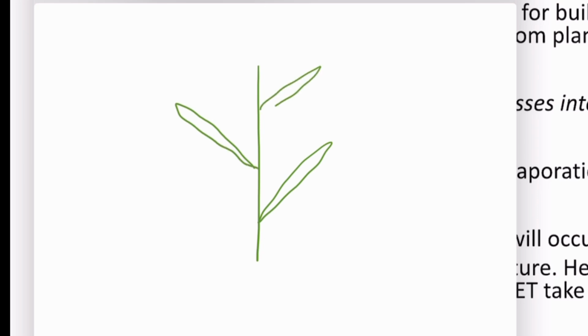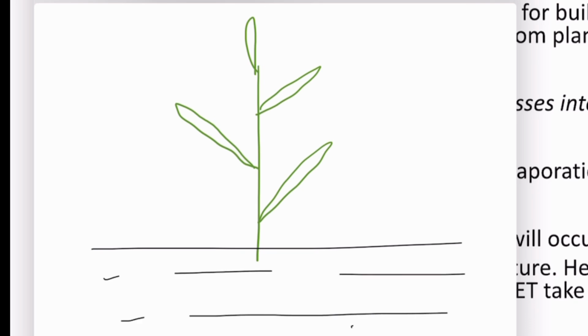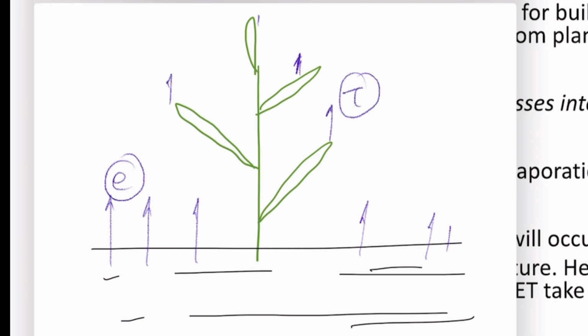All right. So the total quantity of water that has been supplied to the plant during the plant growth, out of this, whatever water is being lost from the neighboring soil as well as from the leaves of the plant. All right, this is your evaporation, this is your transpiration.